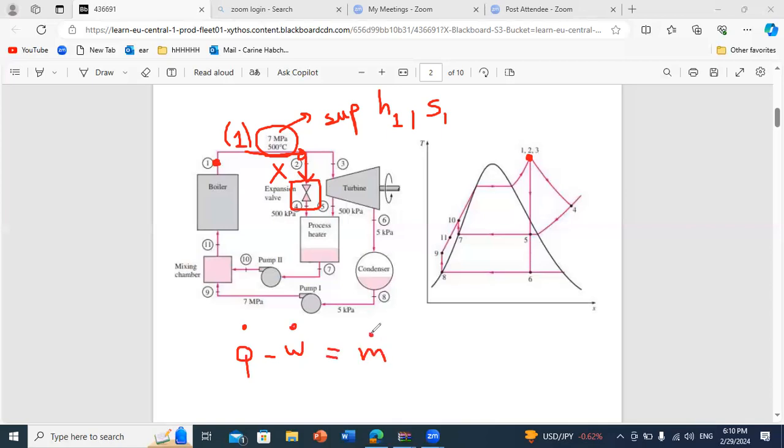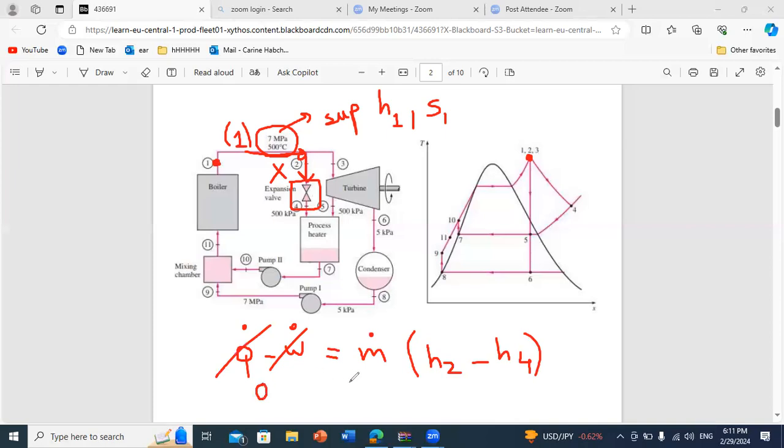times, so we have here at inlet H2, at outlet H4. And since in the expansion valve no heat or work rates, this will be equal to 0.